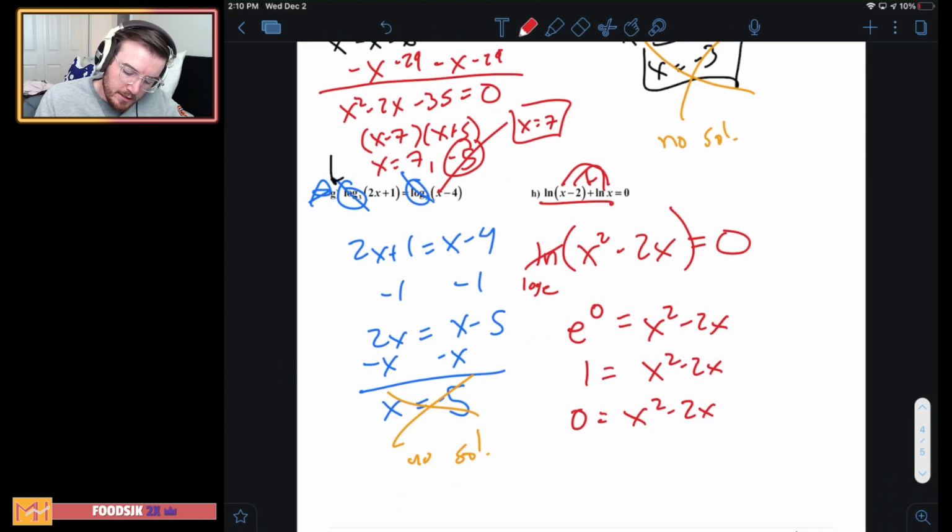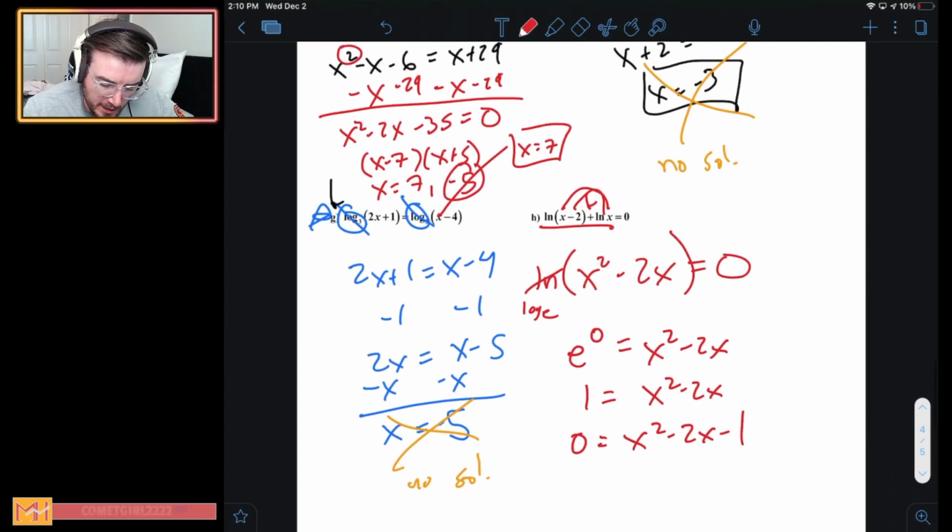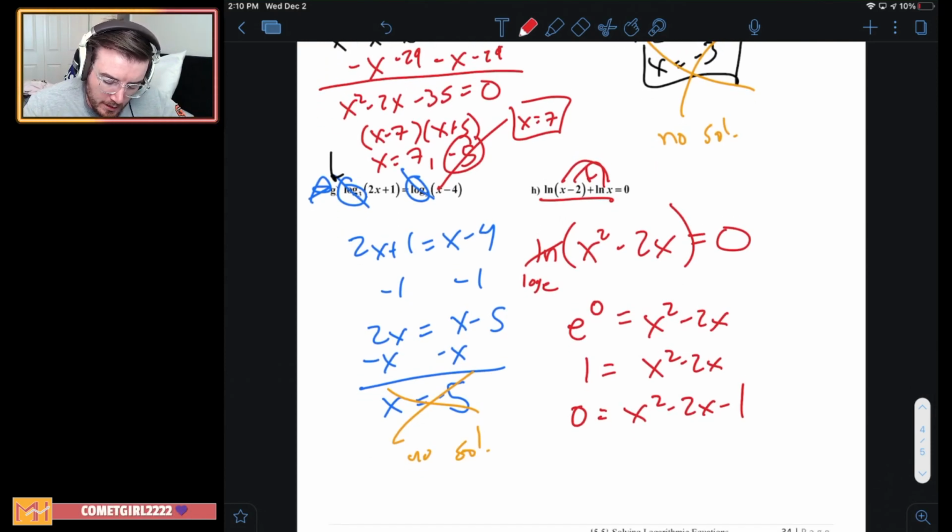We have another quadratic equation. And what a shame. We're gonna have to use the quadratic formula, right? This isn't factorable.